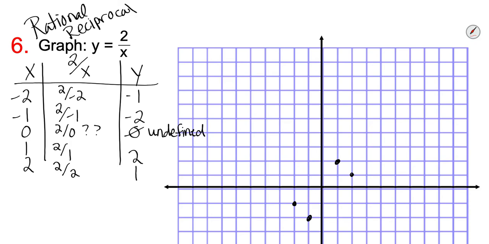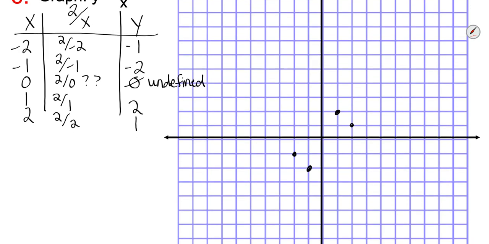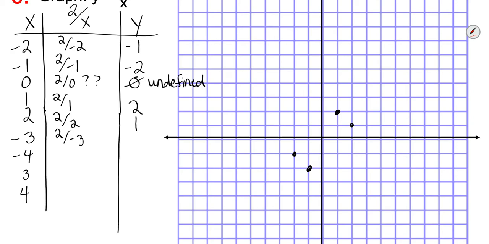Luckily, this is not a very difficult graph to plug stuff into. So let's do more values. Let's say we're going to do -3, -4, +3, +4. All right, so we have 2 over -3. That's a -2/3. And then we have 2 over -4. That's a -1/2.